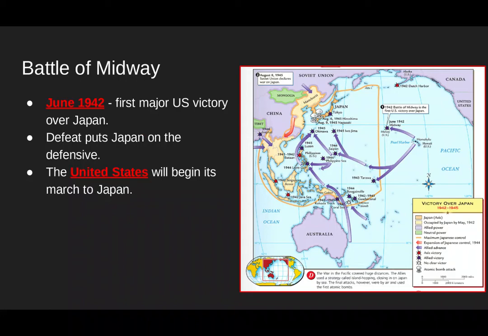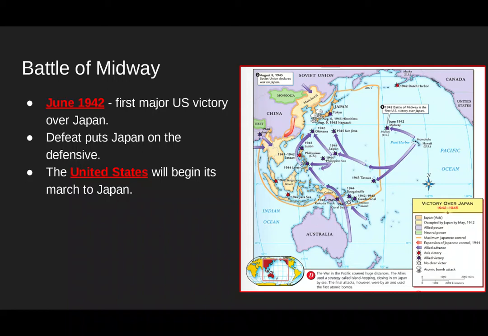That was the major turning point in the war in Europe. Well, the Battle of Midway in June of 1942 is going to be the major turning point in the war against the Japanese in the Pacific. This is the first major U.S. victory over Japan, and surprisingly, it came pretty quickly after the Japanese attack on Pearl Harbor in December of 1941.